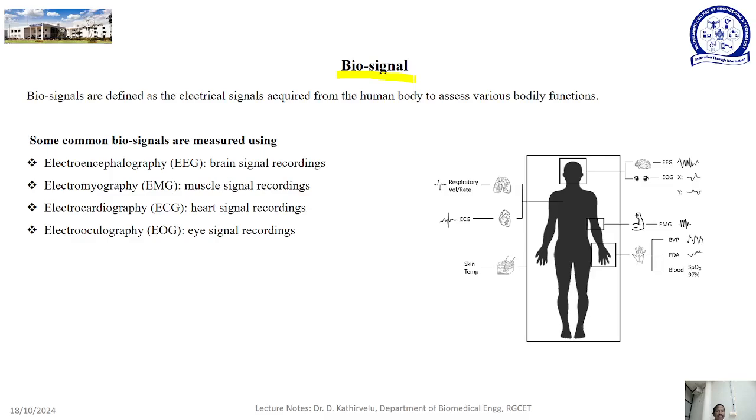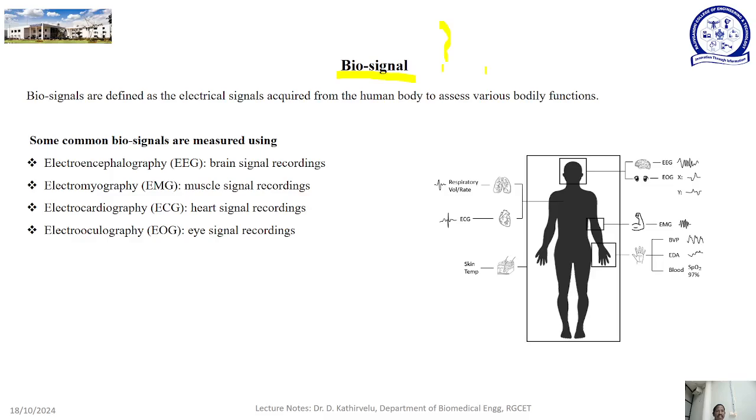So what is a biosignal and what are the different kinds of biosignal? Biosignals are electrical signals that are obtained from the human body to assess various bodily functions. They give us information about the functioning of the organs, tissues, or cells at that particular portion of the body.